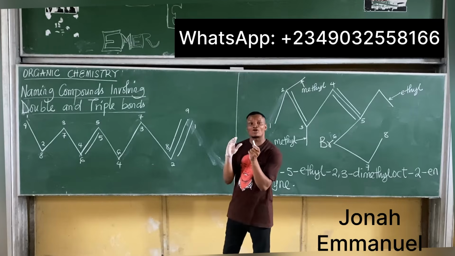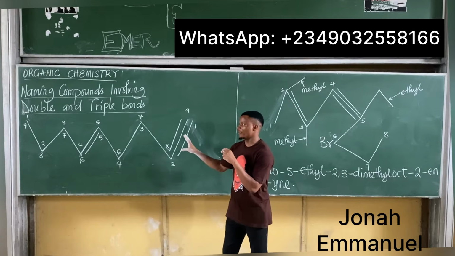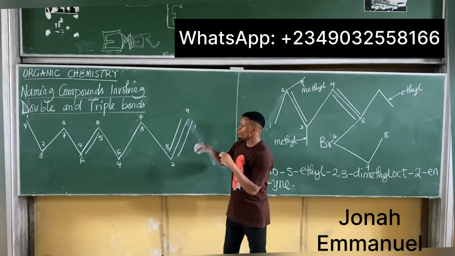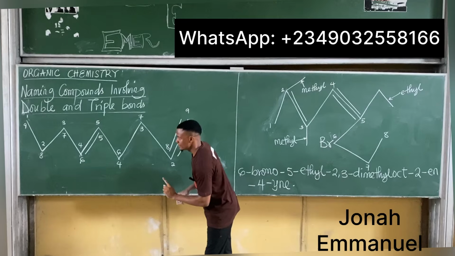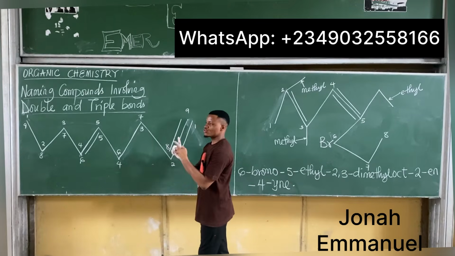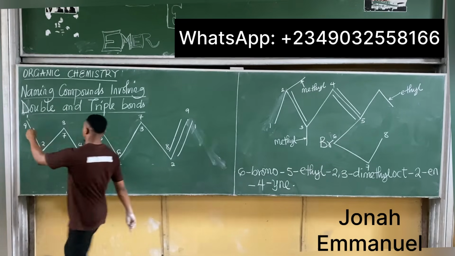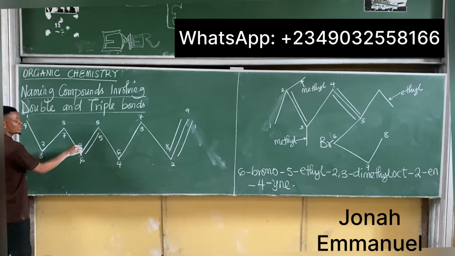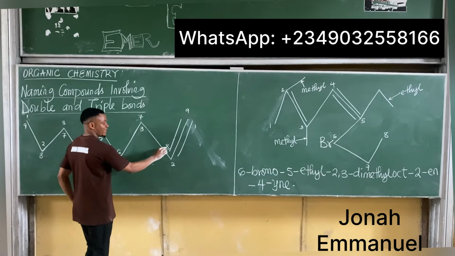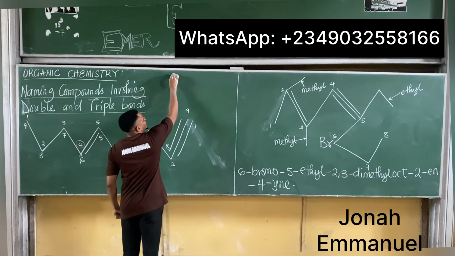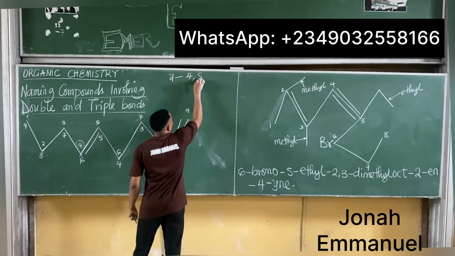So the other concept of naming this would be, if I go with upper numbering, observe that the double bond occurs at carbon 4, and then I want again 8. So from upper numbering, I have 4 and 8.